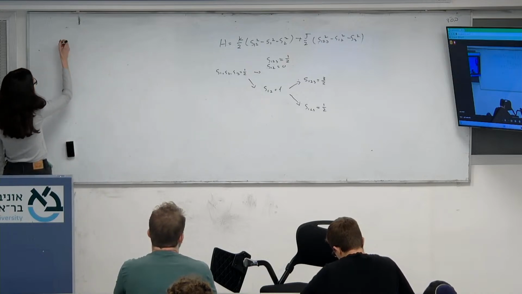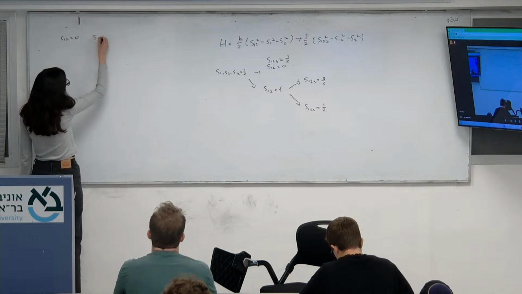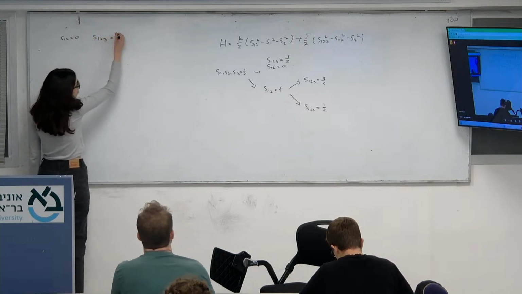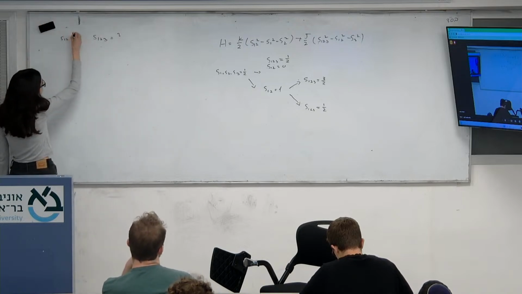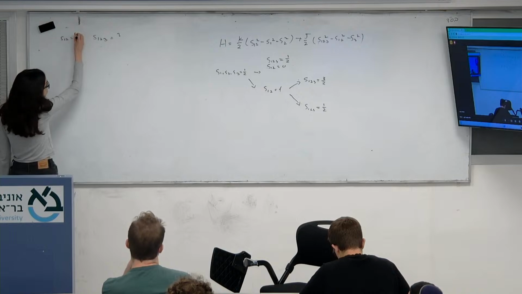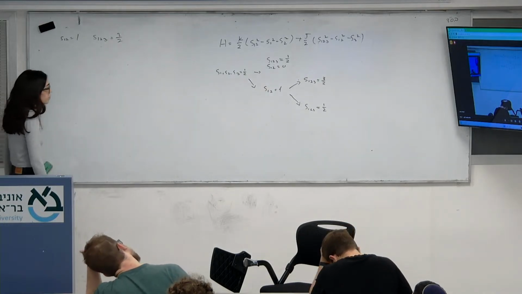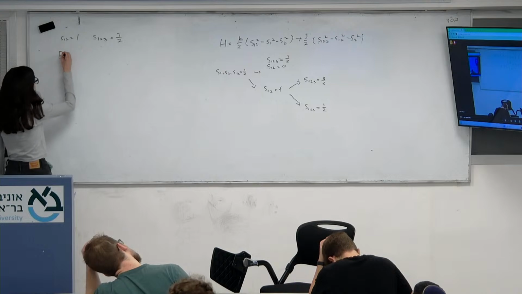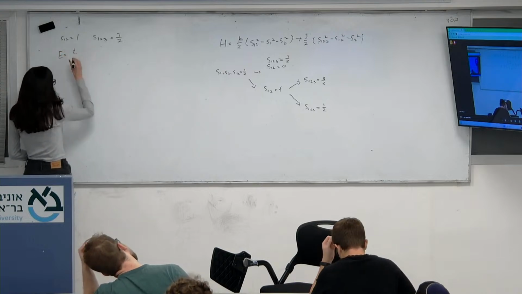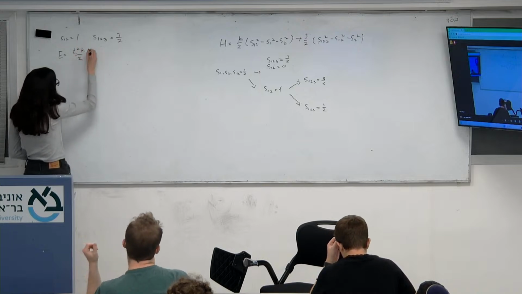Okay, so for S12 equal to 1 and S123 equal to 3 over 2, the energy is equal to ħ square k over 2.